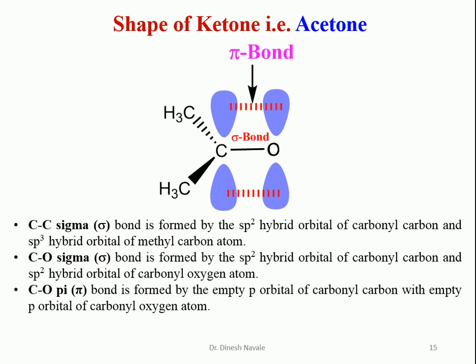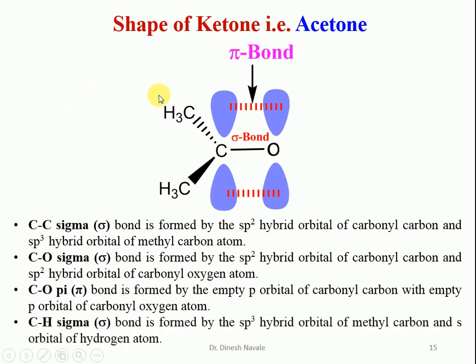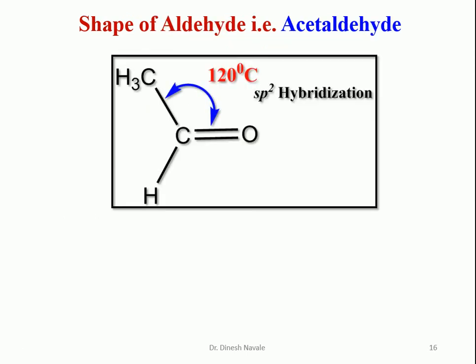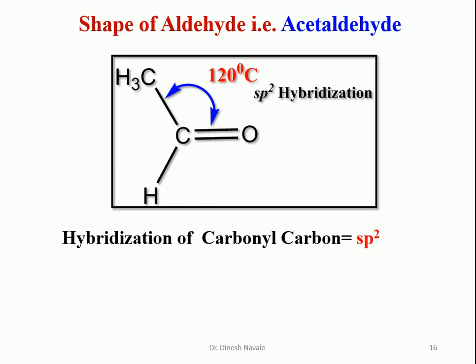In the pi bond, there is overlapping above the internuclear axis as well as below the internuclear axis, whereas the CH bond will be formed by the sp3 hybridized orbital of the carbon and the s orbital of the hydrogen atom.